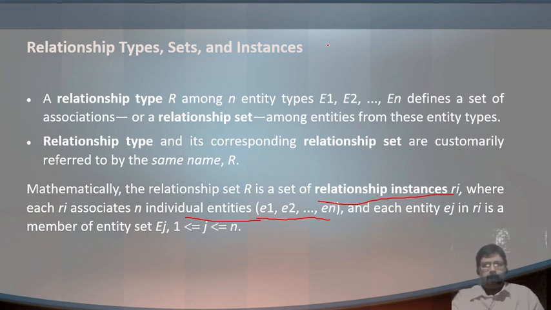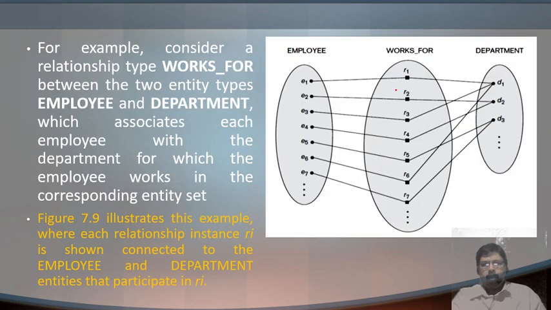So instances means each record or each employee, E1, E2, E3, these are all instances. D1, D2, D3, these are all instances. Each of these instances is in association with each entity. Here E1 has a relationship R1 with D1.